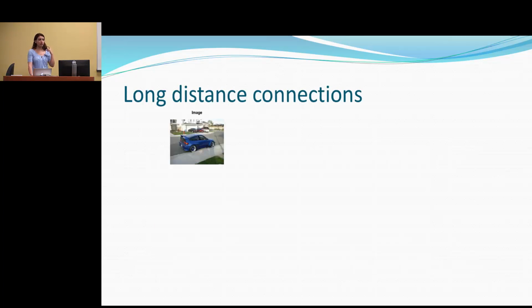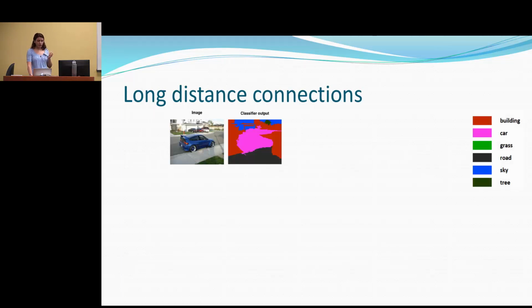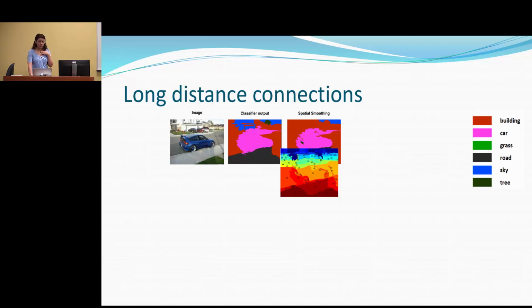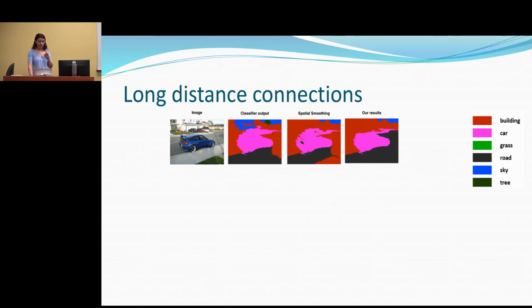Here I want to show an example of how this long-distance connection can be helpful. For example, if you have this image, this is the classifier output, and this is the spatial smoothing result. However, since we have this connection between these two superpixels, we can refine the labels and get a better result.